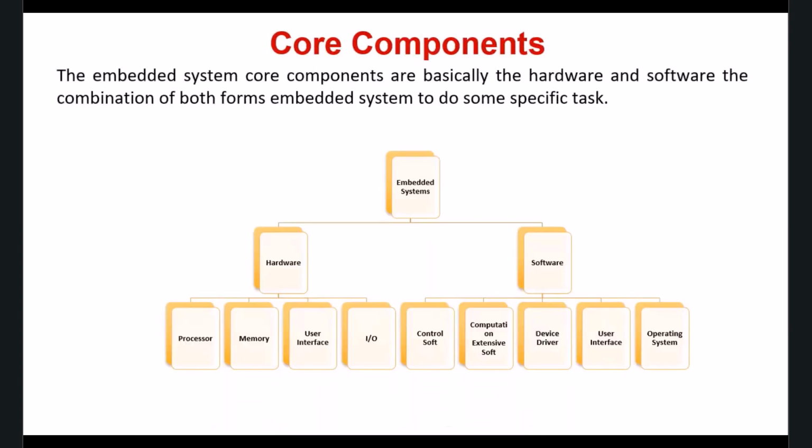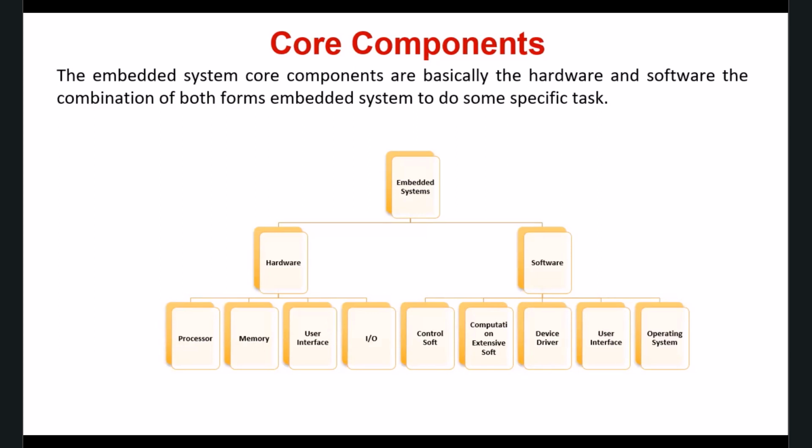Now let's talk more about the embedded system. Now we'll talk about the core components of an embedded system. Core components means the components which are very much required to develop some embedded system. As we know, the embedded system is developed using hardware and software. So the core component has two different parts, hardware as well as software.